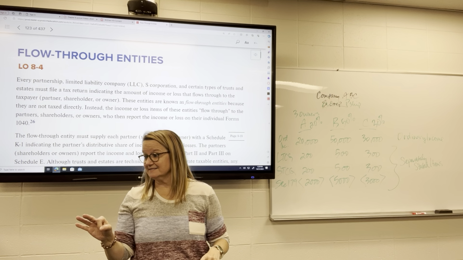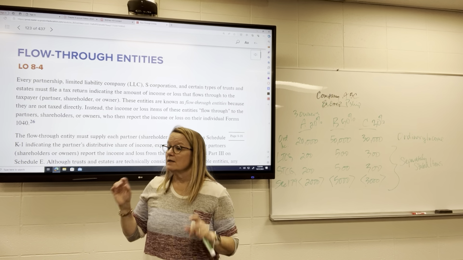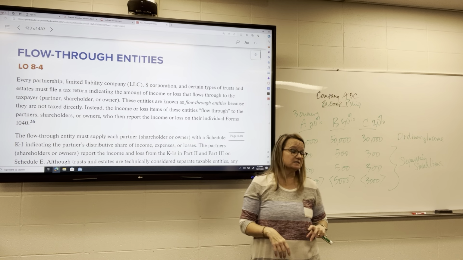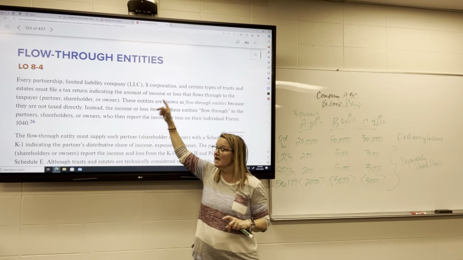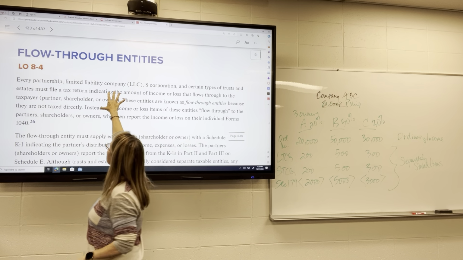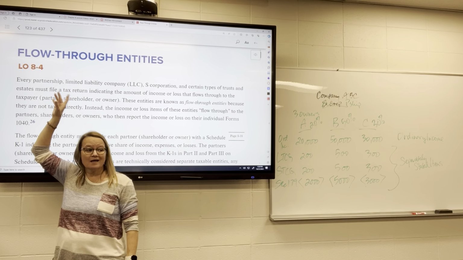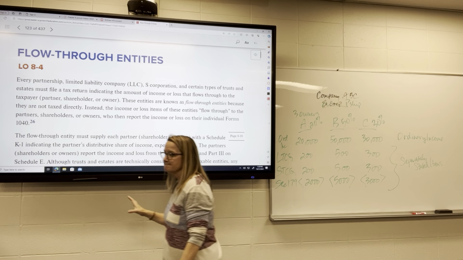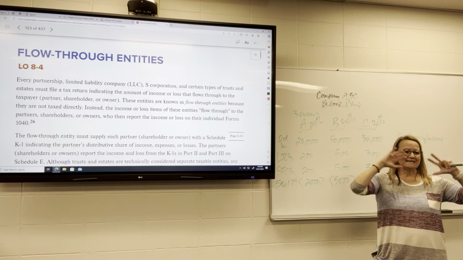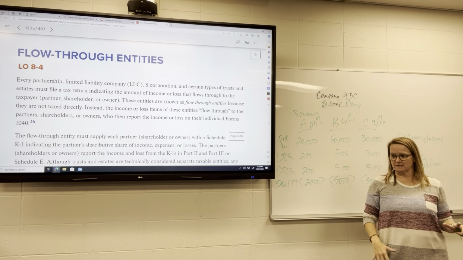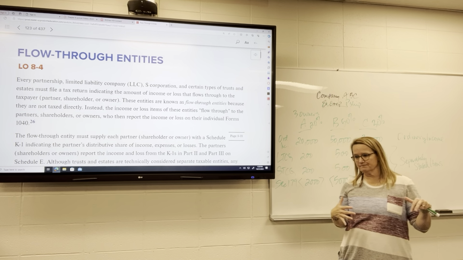Those are all tax entities. But the majority of those LLCs are probably going to be S corps or partnerships. So they are probably mostly going to be pass-through entities, but not always, okay? So just know that there is no tax entity called an LLC. That is a legal entity, okay?